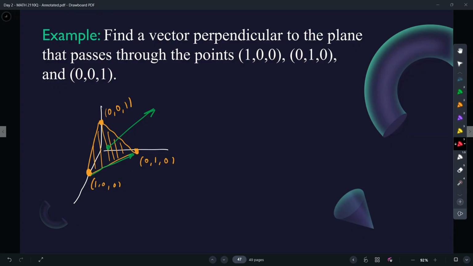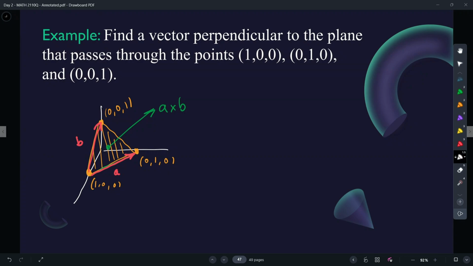Let me give that a different color. I'm going to compute this vector. Then I'm going to compute this vector, and then a vector that is perpendicular to those two vectors. Okay? So this is going to be my A, this is going to be my B, and then this is going to be my cross product of A and B, so I get something that is perpendicular. Does that make sense?